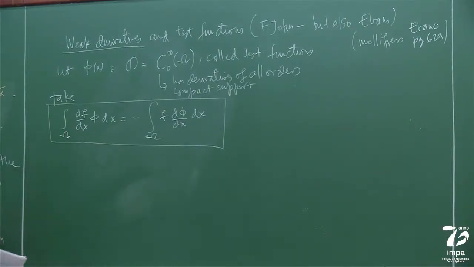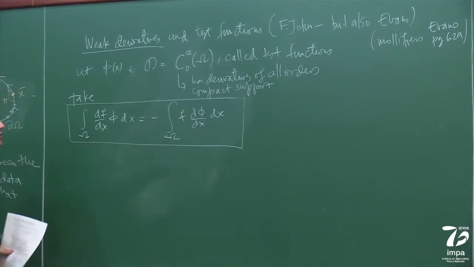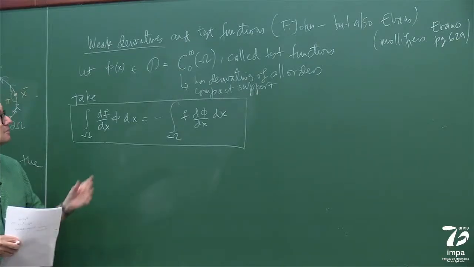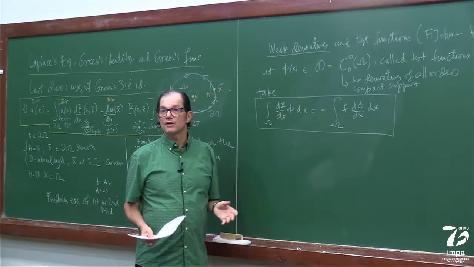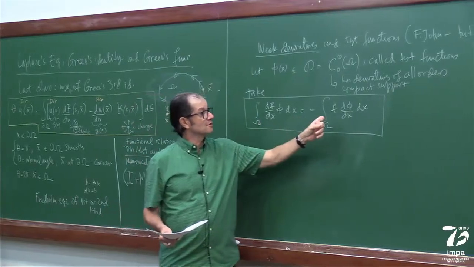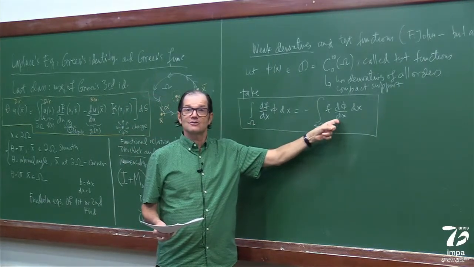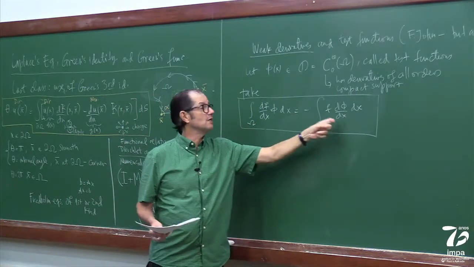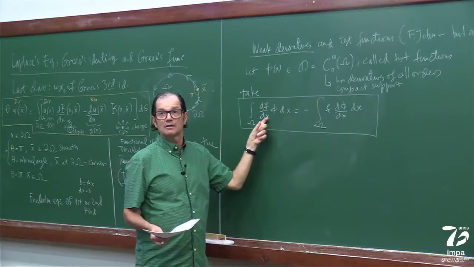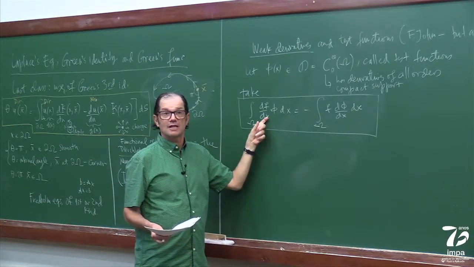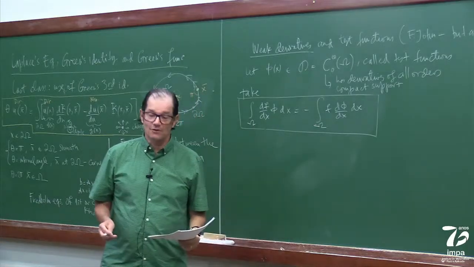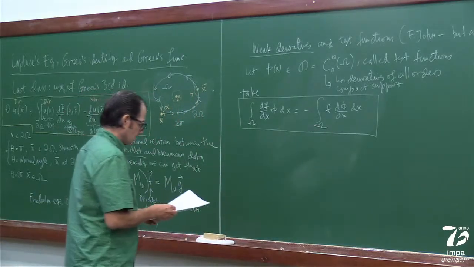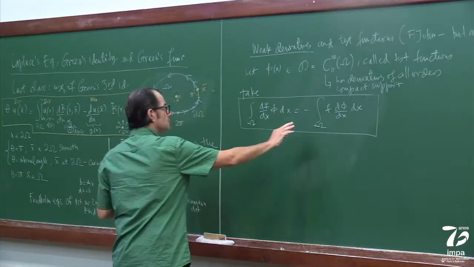So this minus comes from integration by parts, and basically this is trivial for smooth functions. But we're going to use this as our definition for a weak derivative of f, if f is not smooth. We're somehow throwing the derivatives on the test function. So here it comes.